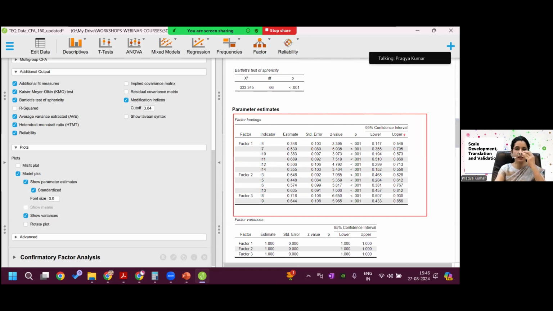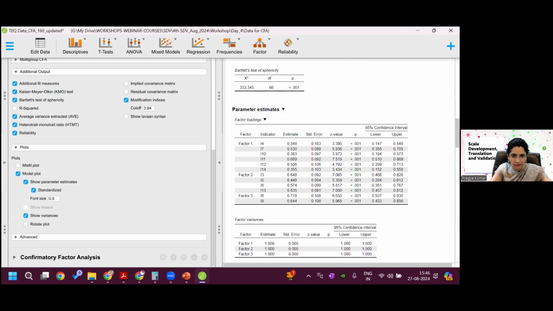Since all these items are loading on their factors, you will see that all these loadings are significant. You have to report this table. This is all significant since we have taken only significant items into that particular factor.